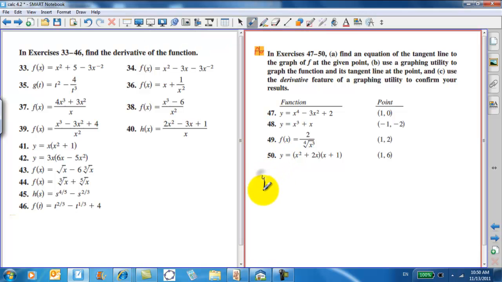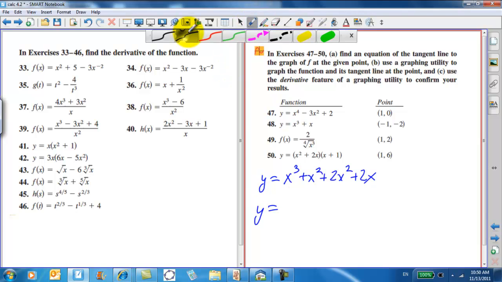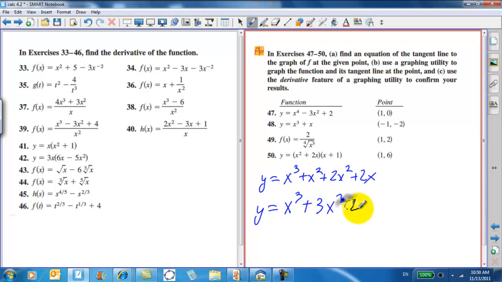I'm going to expand it out. y equals, using FOIL, first outer is x squared, inner is 2x squared, last is 2x. So the original function is y equals x cubed plus 3x squared plus 2x.